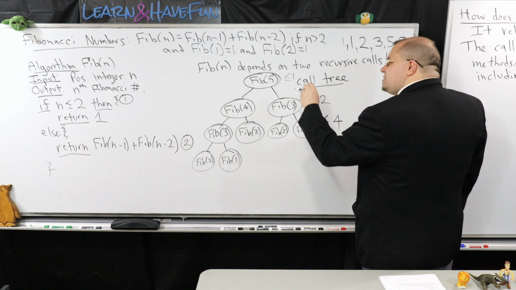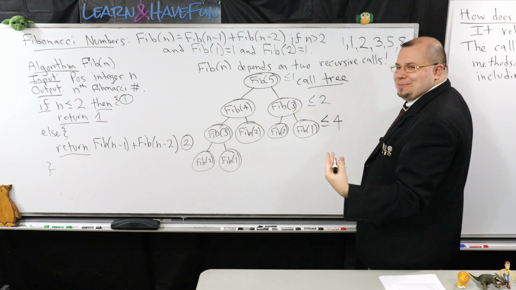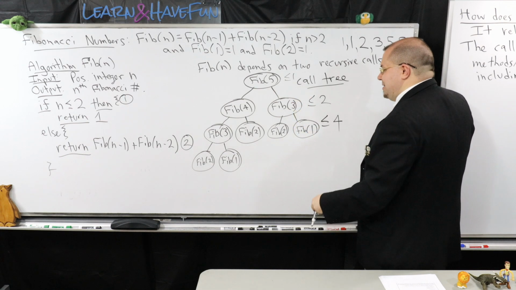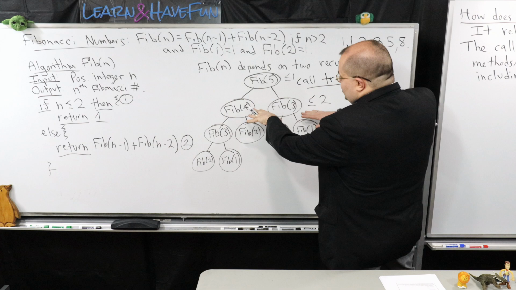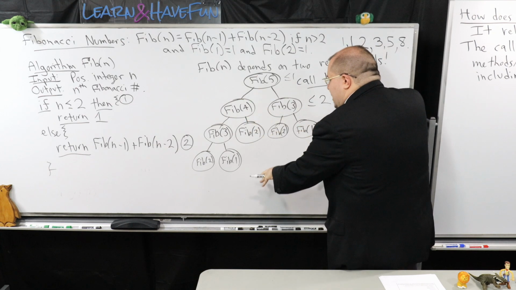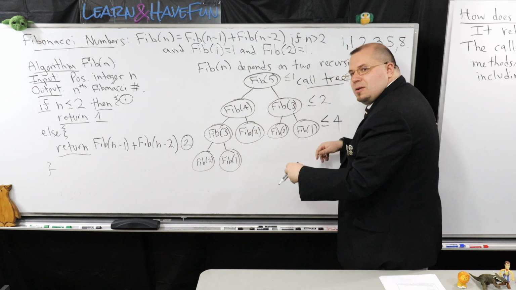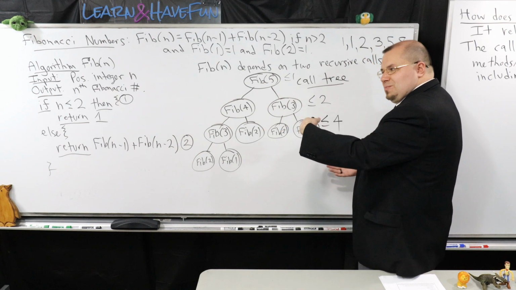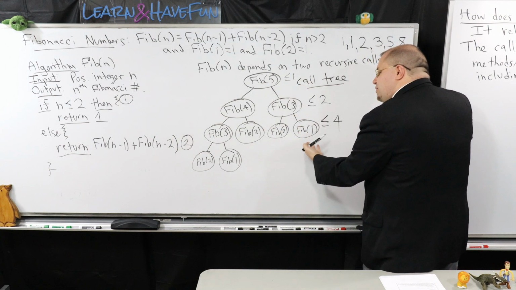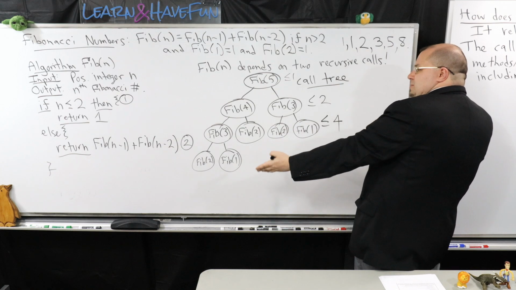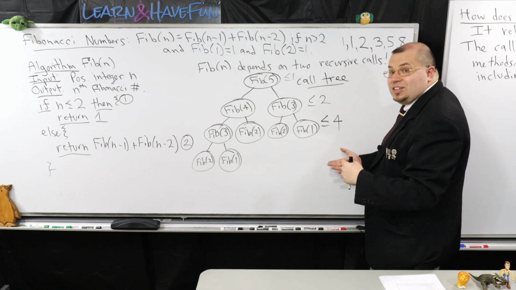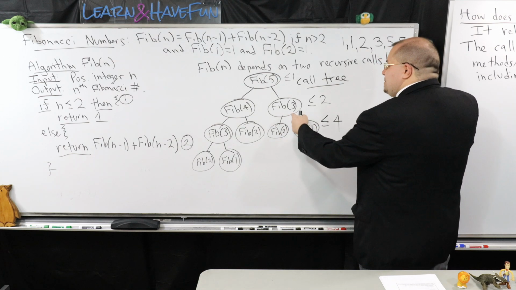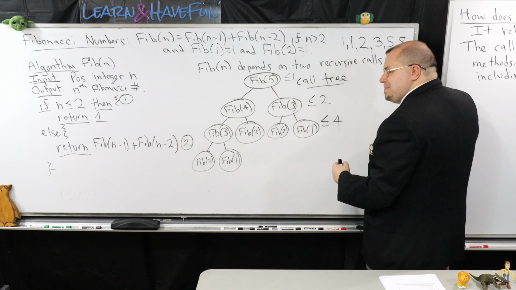Now, suppose that I made the input of this bigger, just for the sake of discussion. What would happen is this whole thing might still have calls that keep happening where it splits off into 2. One side of this tree is going to eventually reach fib2 and fib1 faster than the left-hand side. The right-hand side will cease faster than the left-hand side, because it always goes down by 2.